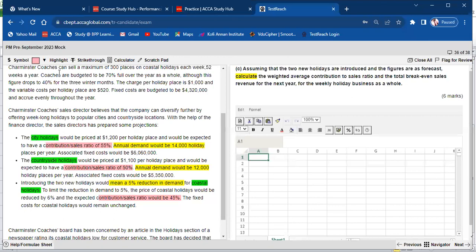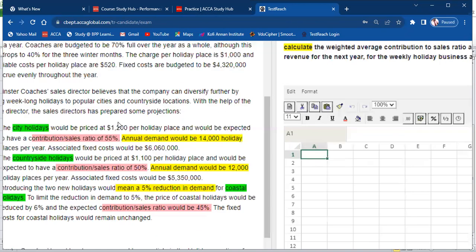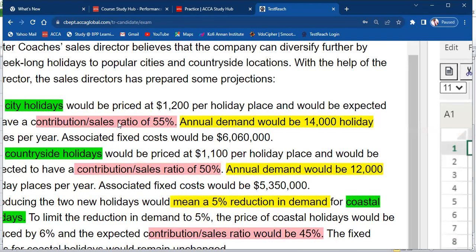You see, C over S. If somebody tells you C over S for city holidays is 55%, so C over S is 0.55. Cross multiplication, 0.55 times S will give me C. If you're not sure, write it down on paper and see what I'm telling you. So if you cross multiply, 0.55 times S will give you C.